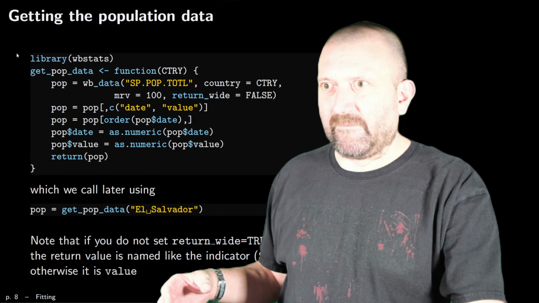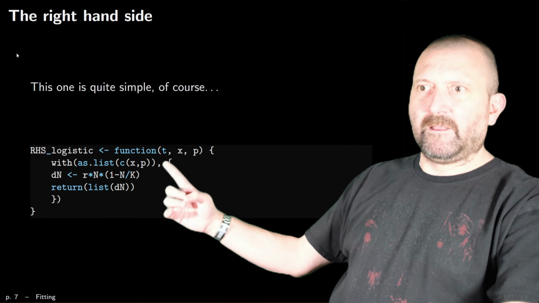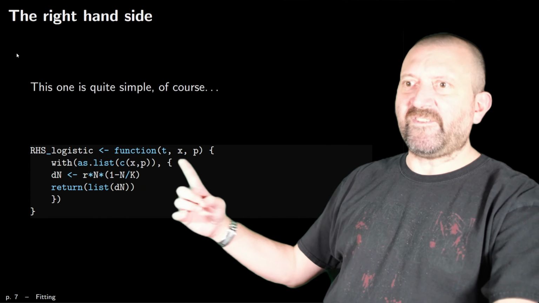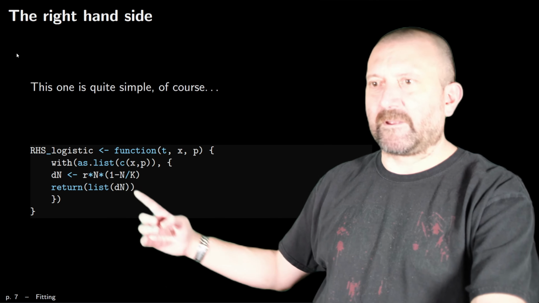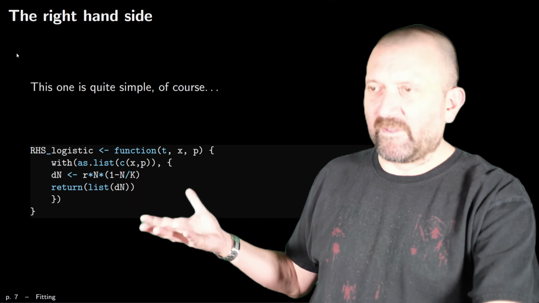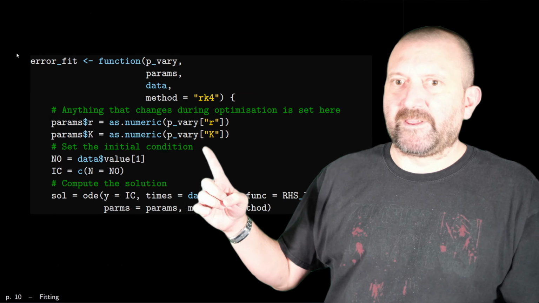Remember that in the ODE, here, my parameter is this, and I'm going to use it here. So the r and the K that you see in this function are the ones that I want to vary. And this is what I do here.